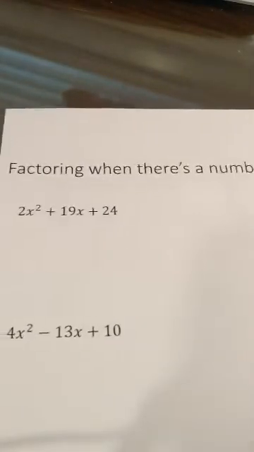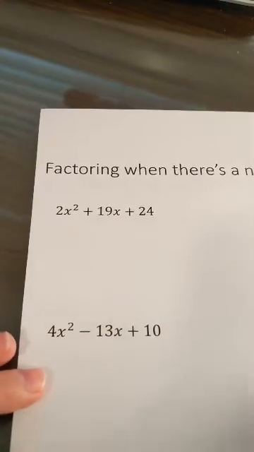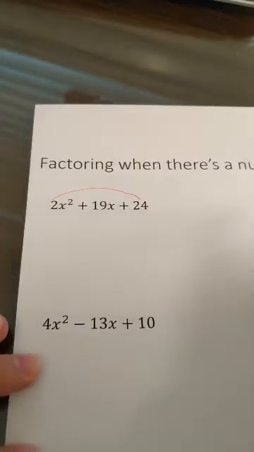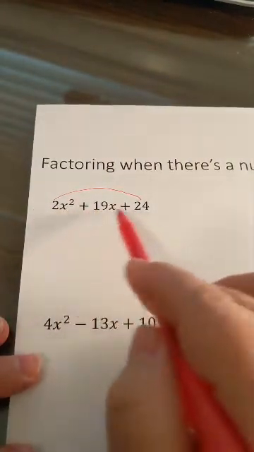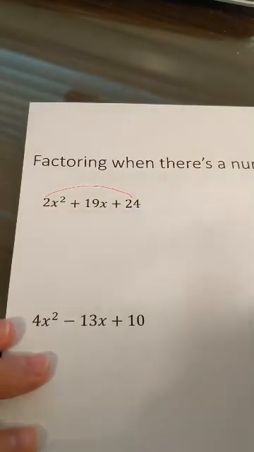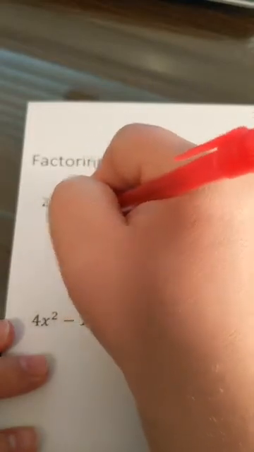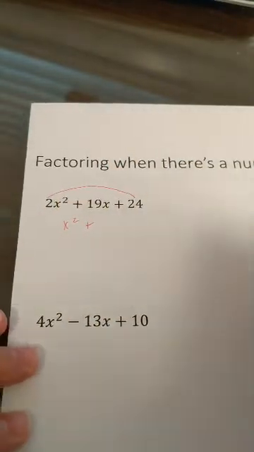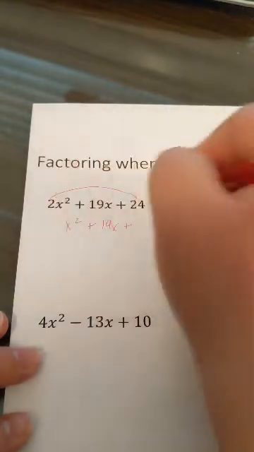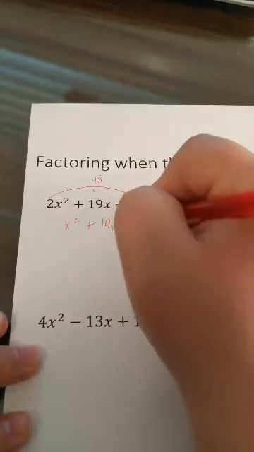Okay, so remember when we have a number in the front, we do what's called the rainbow. The first thing you should do is actually see if anything can come out of these things, because we don't want to factor any higher than we have to. So 2 times 24, so we have x squared plus 19x plus, and then we get 48.